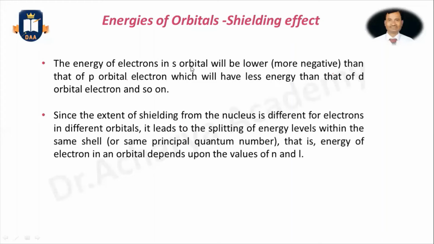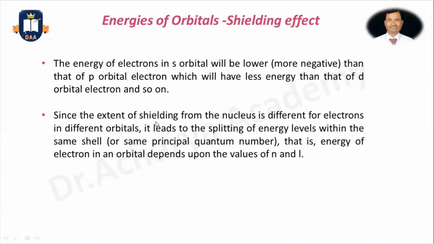If we consider some multi-electron systems, the energy of the electrons in the s orbital will be lower than that of the p orbital electrons, which again have less energy than the electrons in the d orbitals, and so on.